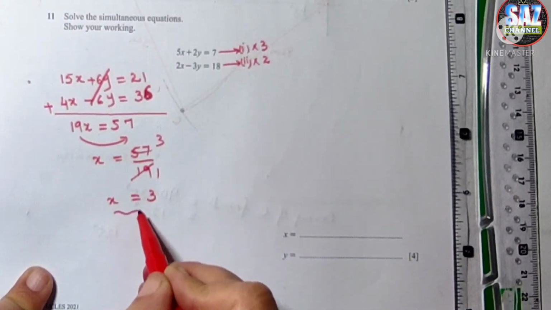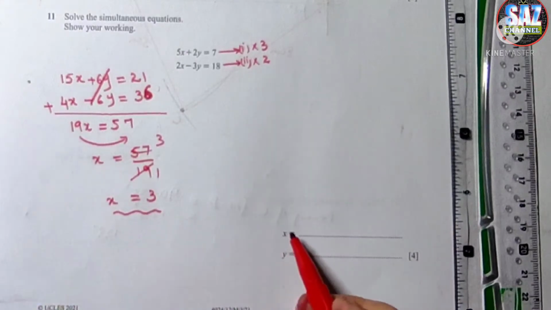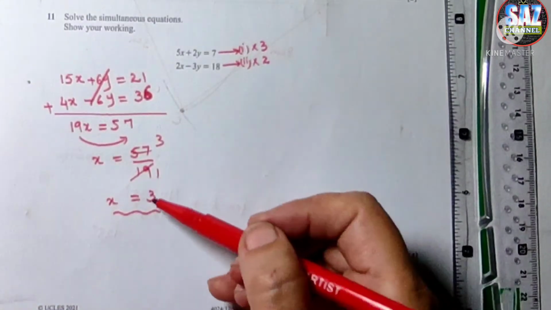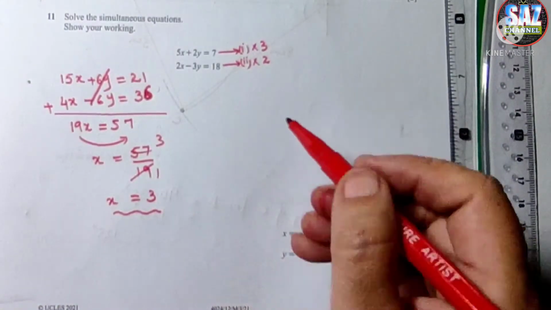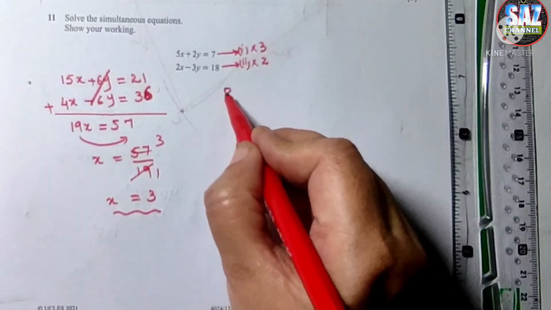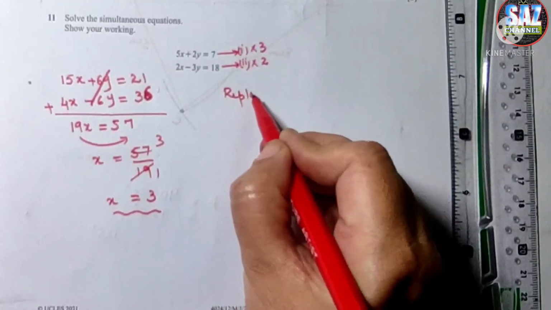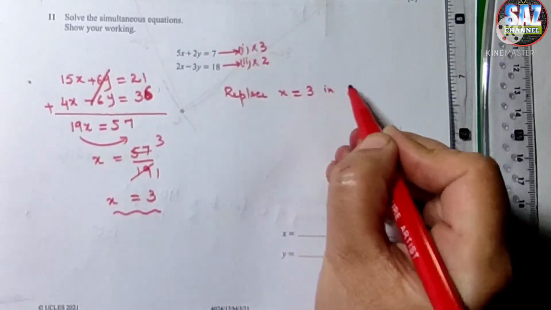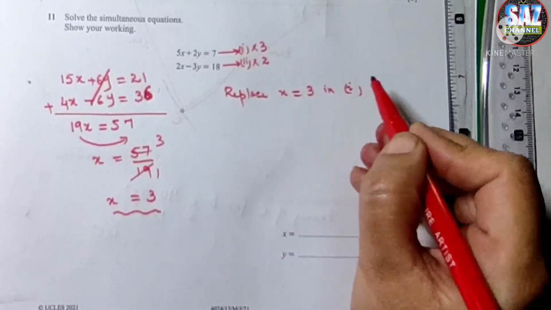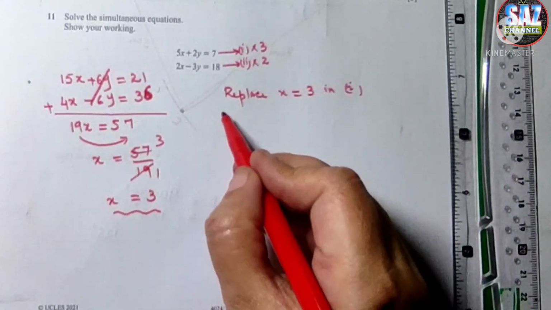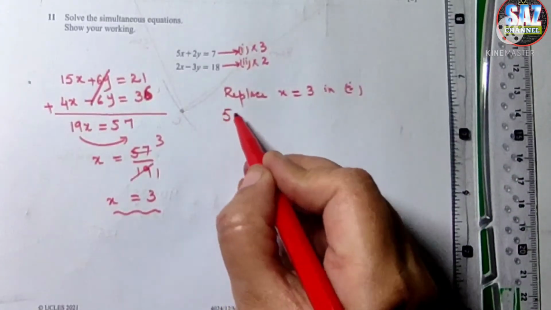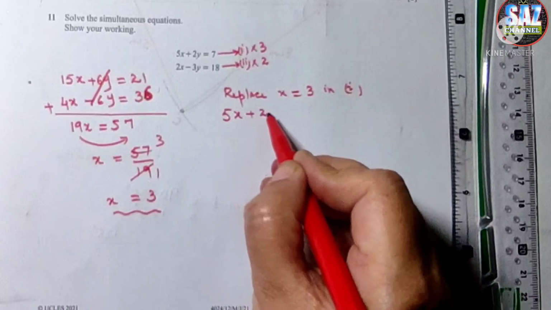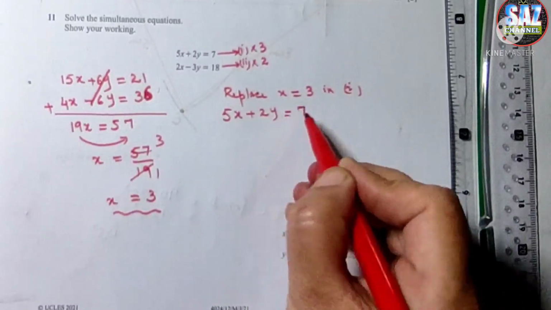After getting the value of the first variable, we have to replace that value in any one of the equations. Replace x equals 3 in equation 1, and I can easily get the value of y.